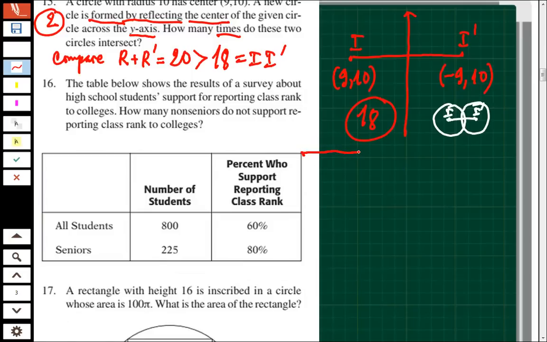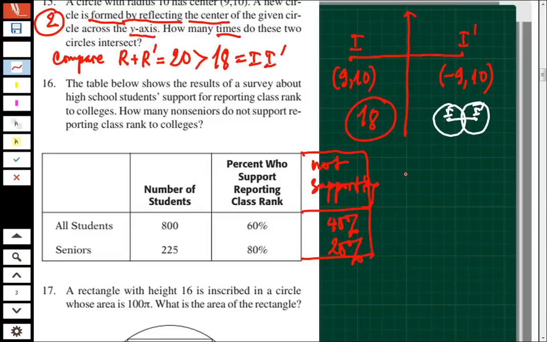We add another column here. Not supporting. We can write here 40% and 20%, and the result is simple.